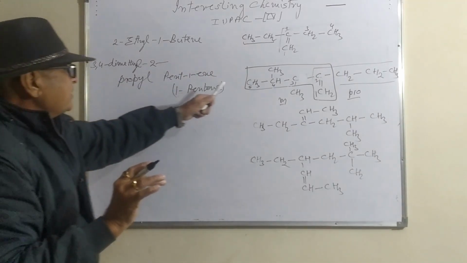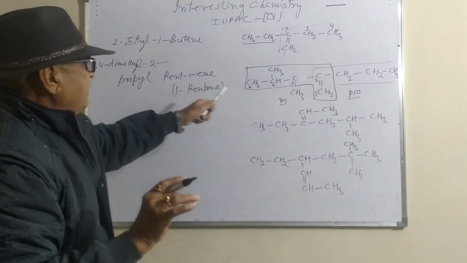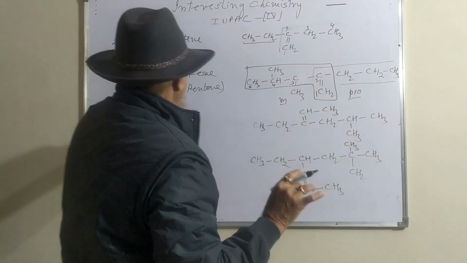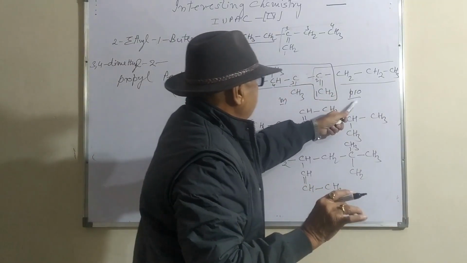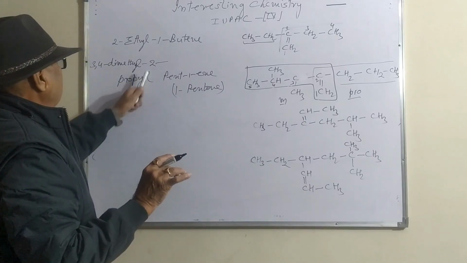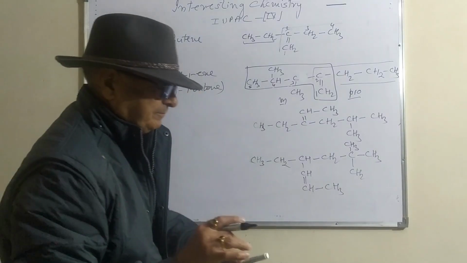So the name of this compound will be 3, 4 dimethyl, 2 propyl pent-1-ene, or 1-pentene.